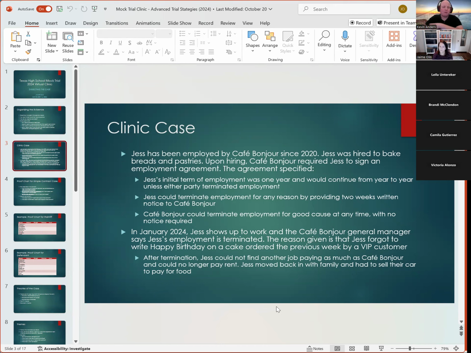If I'm putting my case writer hat on, I would probably want it stipulated that we're not having to address whether or not the contract was valid. So that's why those stipulations are there. They help put guardrails around what we want you to prove or not have to worry about. So FYI.